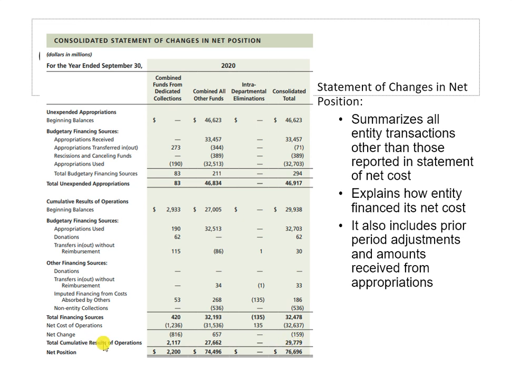So the total cumulative results of operations plus the total unexpended appropriations equals the net position. And this number corresponds to the net position reported in the balance sheet.